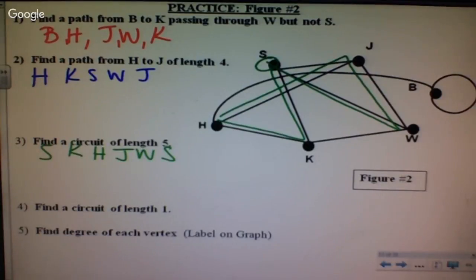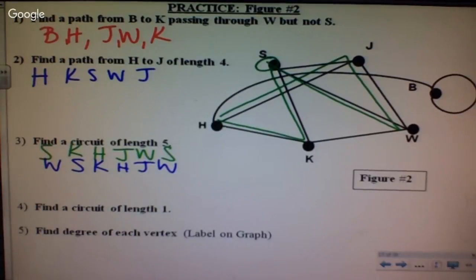Now hold up a minute. Gianni said, let's start at W. You can do that too. So W, what comes after W? S, K, H, J, W. All you can do is pick a new point that you already have here and just reorder it.